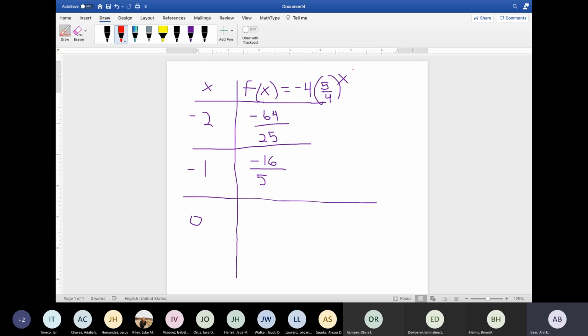And we're going to put in 0 here. I'm going to repeat my entry again. Second enter. And I'm going to have -4, 5/4 raised to the 0 power this time.